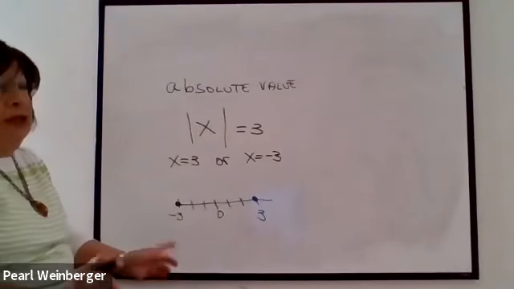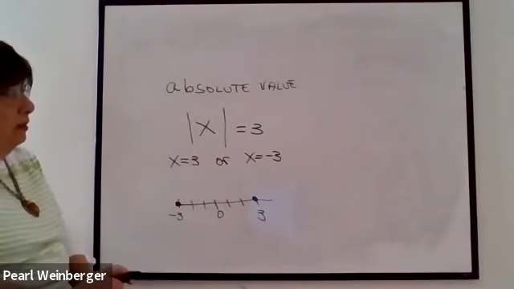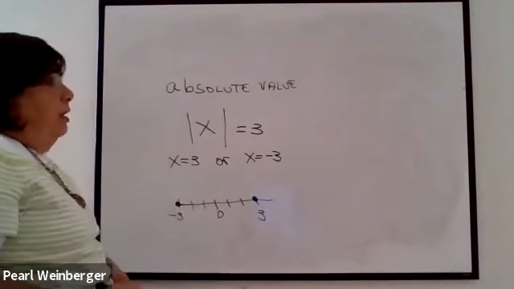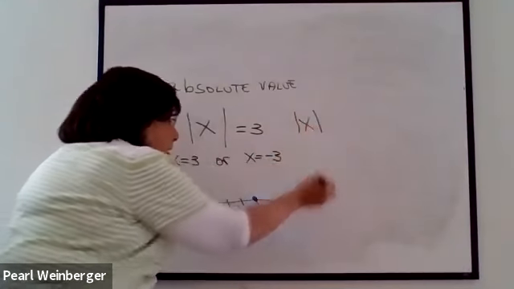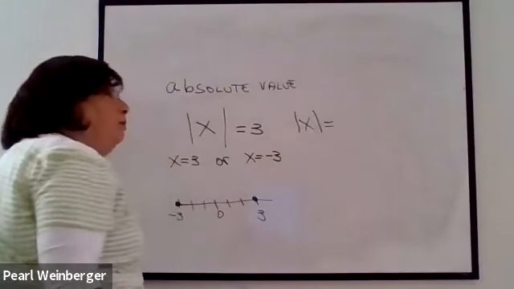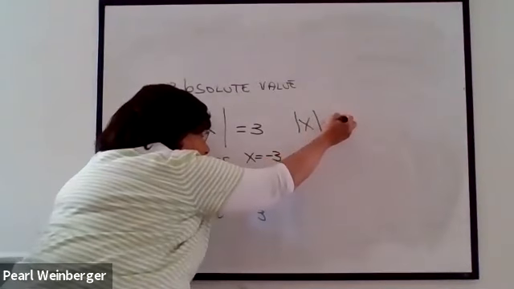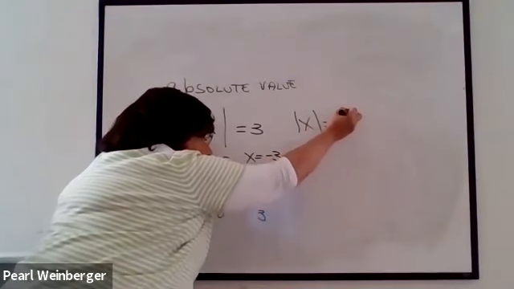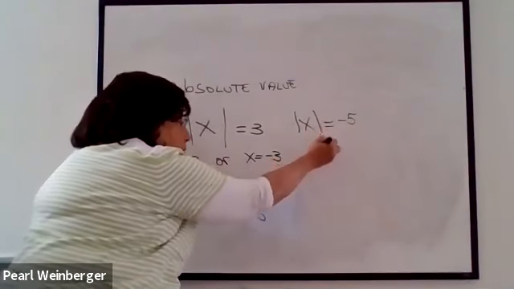Now, there's one thing that I really have to be careful about, and that's that when I have an absolute value equation, the number that the absolute value is equal to is a positive number. In other words, if I were to have given you something like the absolute value of x is equal to -5, there would be no solution.